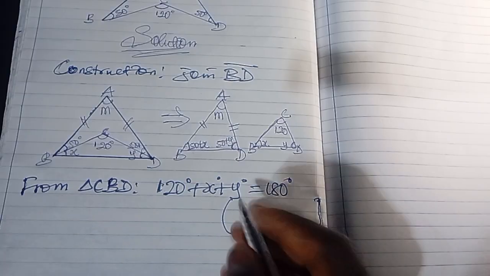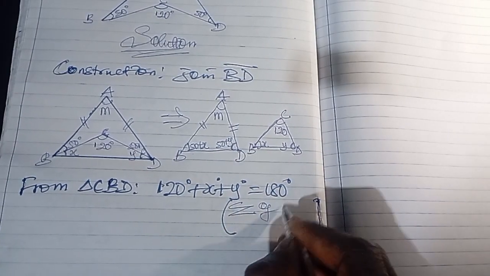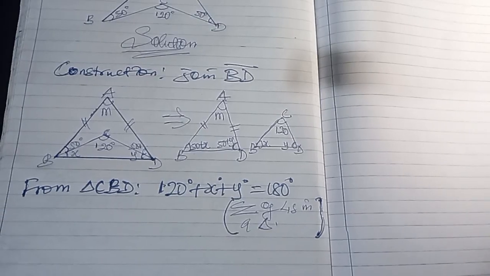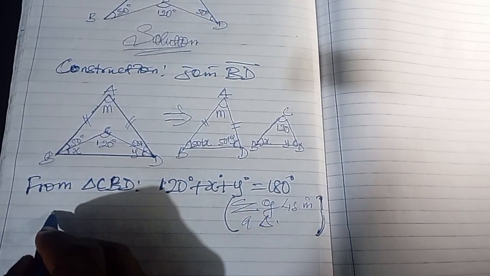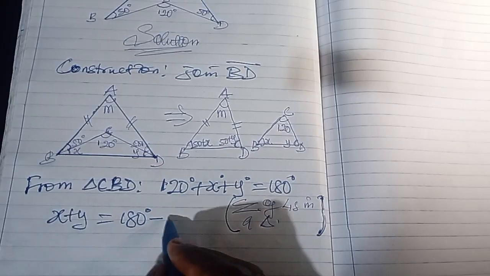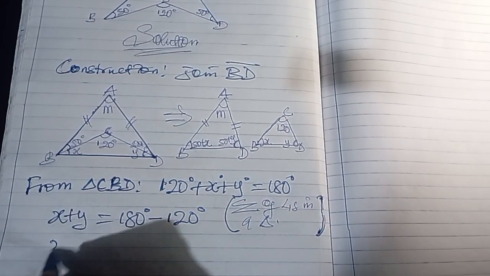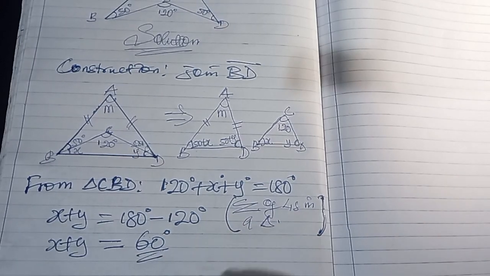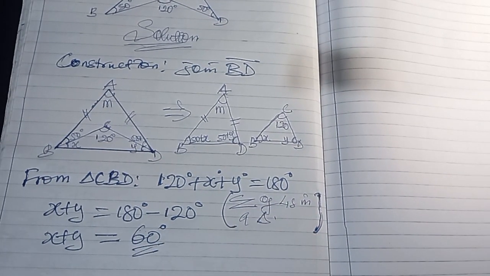Our reason is sum of angles in a triangle. Good. So that we can have X plus Y will be 180 degrees minus 120 degrees. So X plus Y is equal to 60 degrees. Please note this.